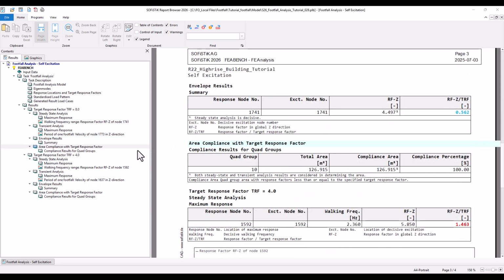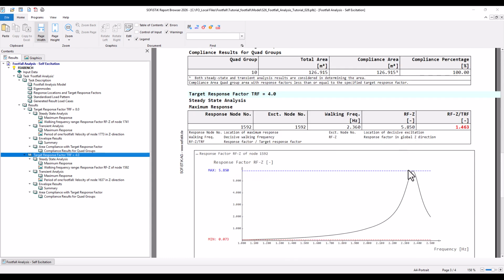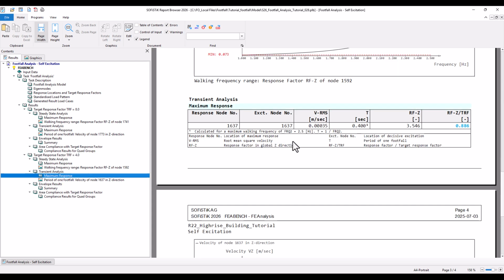For the office space, with a target response factor of 4, it is immediately apparent that the maximum response at the node 1592 exceeds the limit value, again at a walking frequency of 2.36 Hz. The transient analysis remains below the threshold.